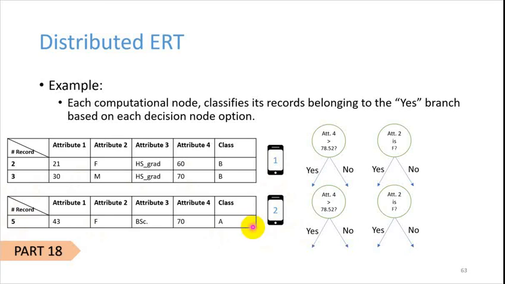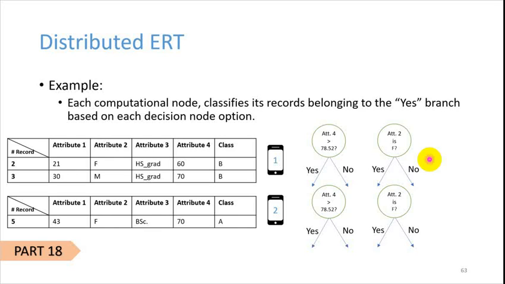We use this data and classify it with the options that we have. Then again, we will have two vectors on the server, for the yes and for the no, and then we calculate the information gain and choose the best one.